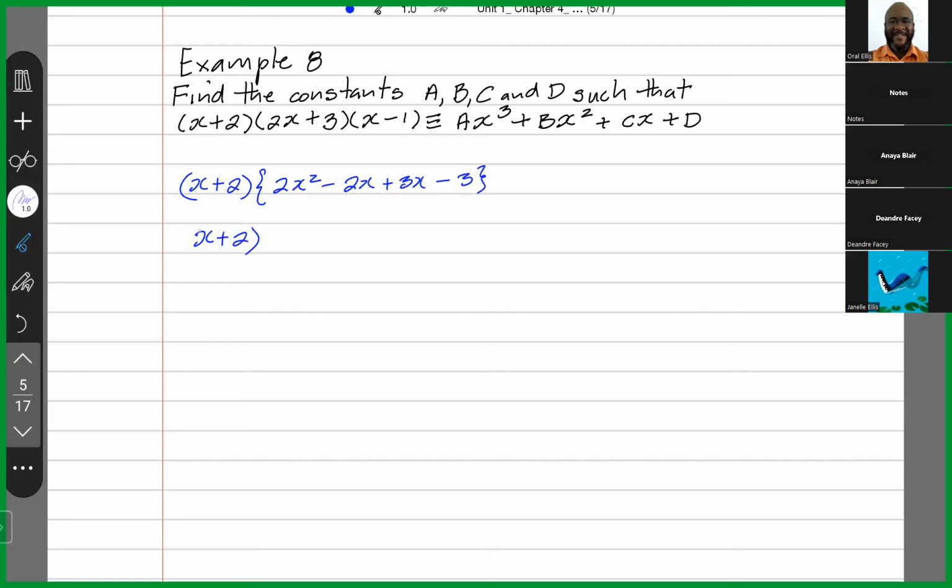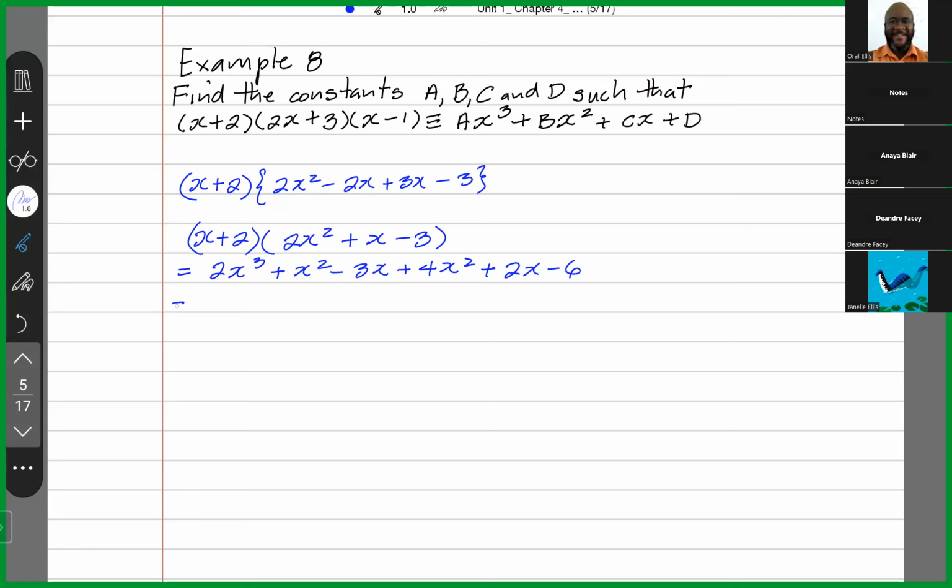Then I'm going to multiply everything on the right by x and then by 2. So we get 2x cubed plus x squared minus 3x. Then multiply everything on the right by 2. We get plus 4x squared plus 2x minus 6.